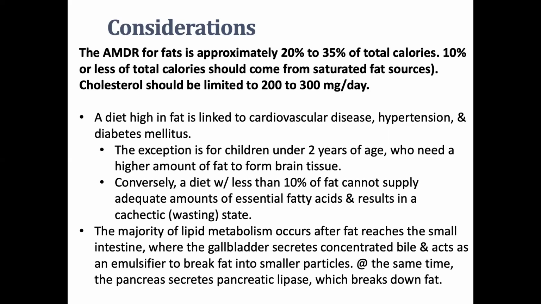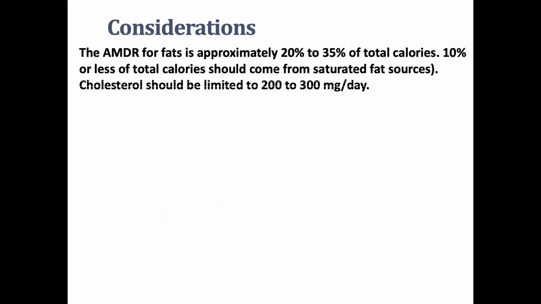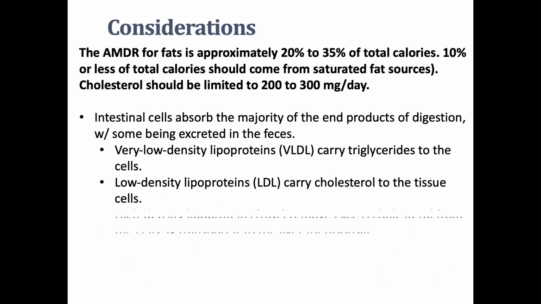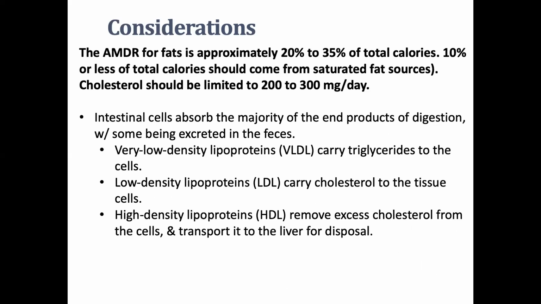And then that gets absorbed not into the blood at first, it goes into the lymph as structures called micelles. They then become lipoproteins, and eventually they rejoin the blood at the subclavian vein, which is right under your collarbone, okay? Intestinal cells absorb the majority of the end products, with some of it being lost in the feces.